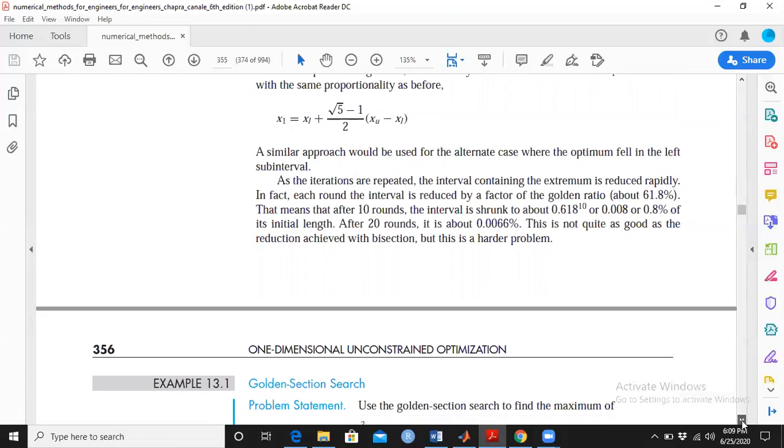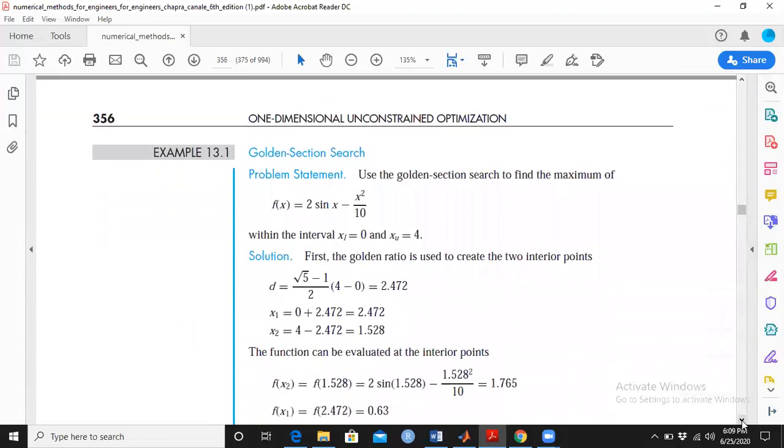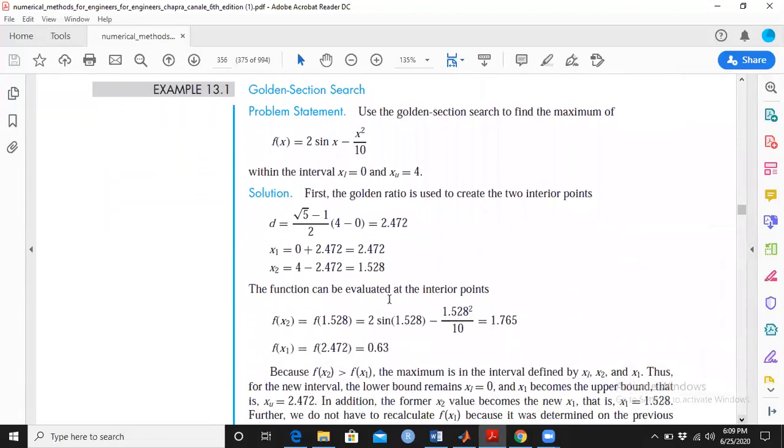We can understand it with the help of an example. Here we have a function f of x equal to 2 sine x minus x squared by 10, with xl equal to 0 and xu equal to 4. The first step is to find d: (root 5 minus 1) by 2 times (xu minus xl).